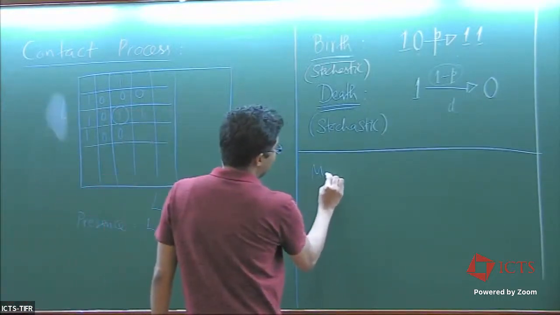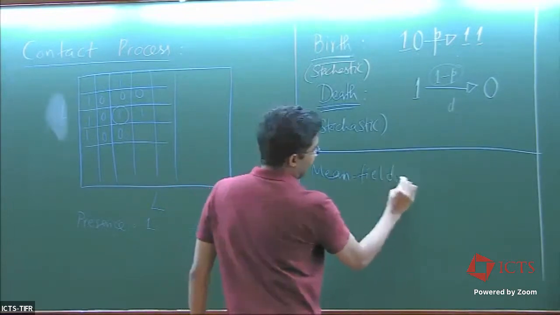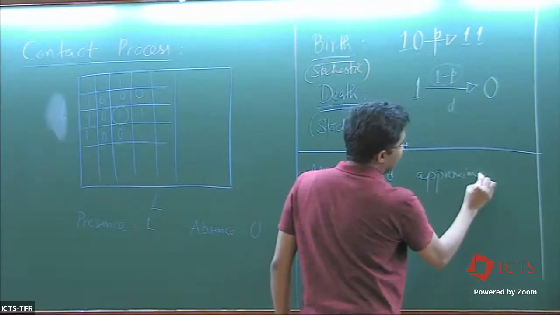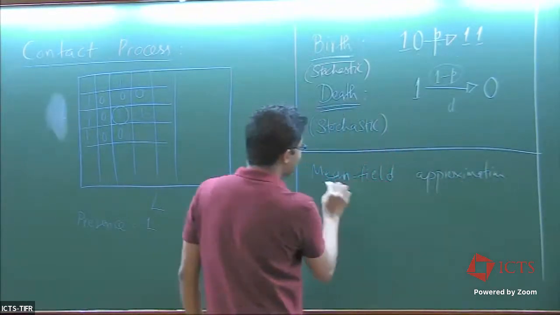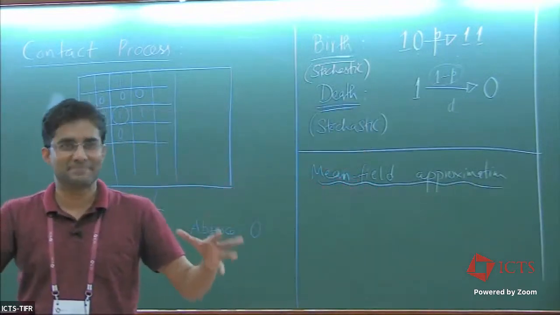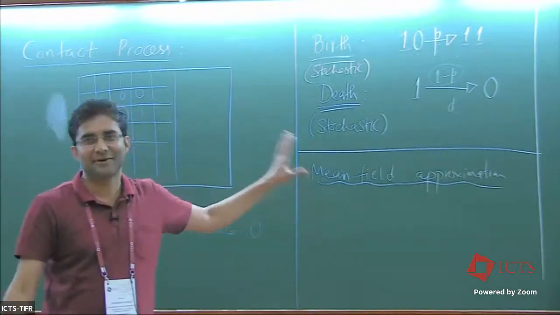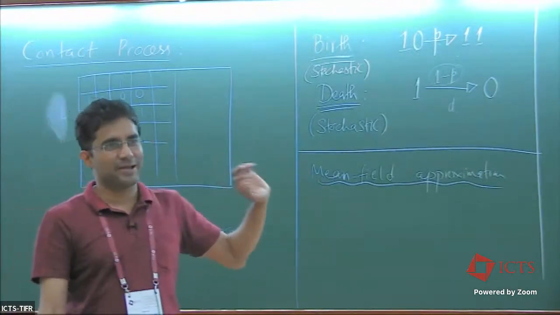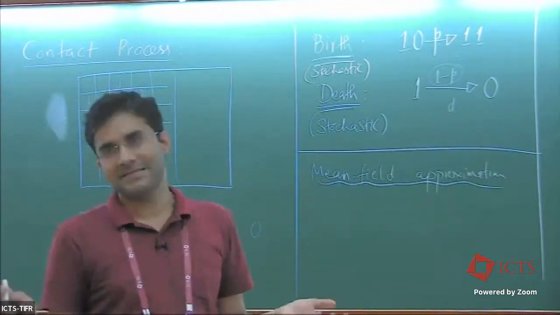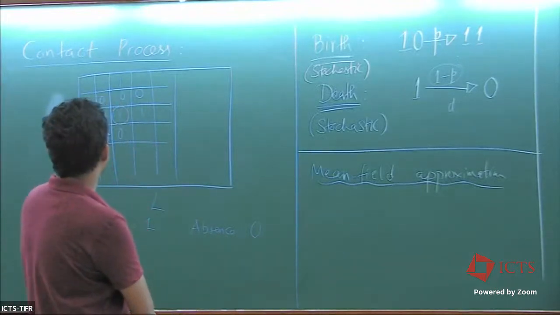So we'll do a mean field approximation. It's bizarre in some sense, since the whole point of what we want to do is to have explicit space. But we will write down a mean field approximation of this spatial stochastic process nevertheless, to have some sense of what we expect as we change p. That's the basic idea.